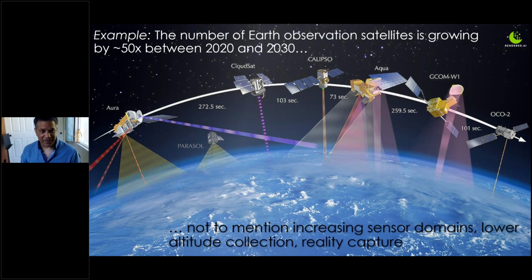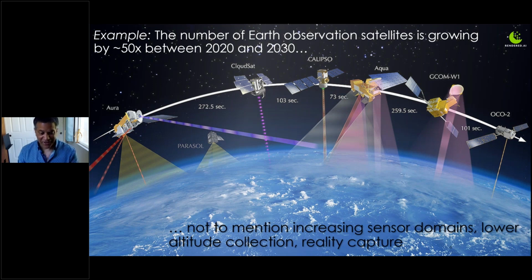As one example, the number of Earth observation satellites being put up in this decade was projected to grow by about 50 times between 2020 and 2030. And that is just satellites that are collecting remote sensing data of the Earth, so it has nothing to do with all the sensors down on the Earth as well.